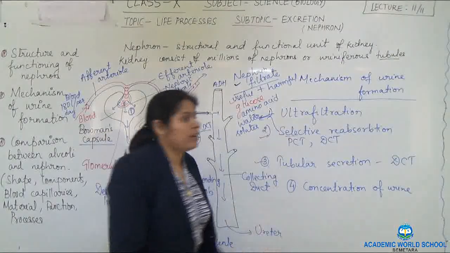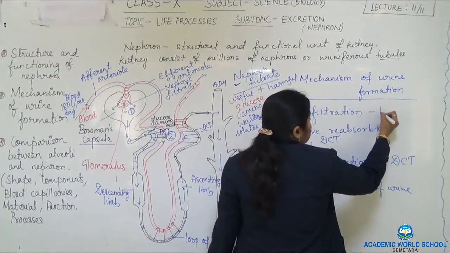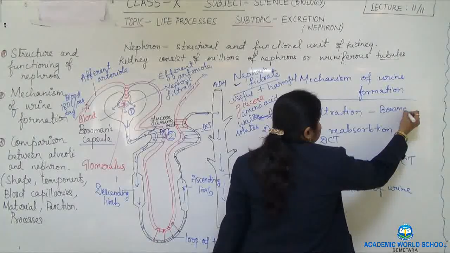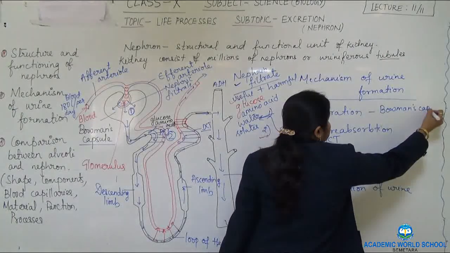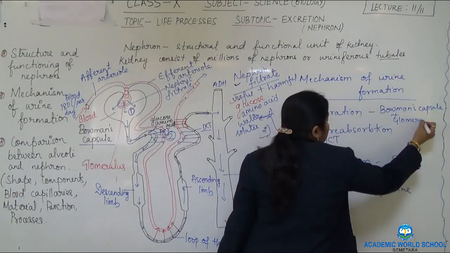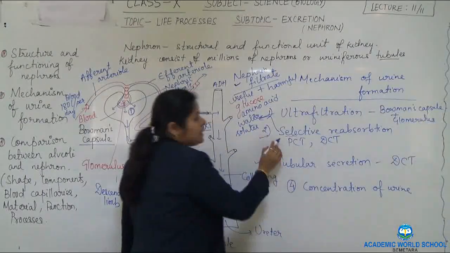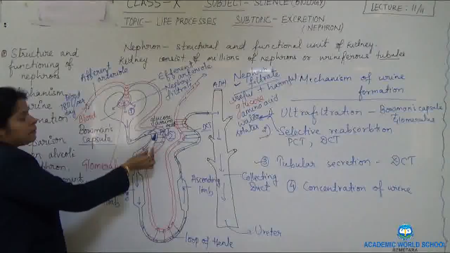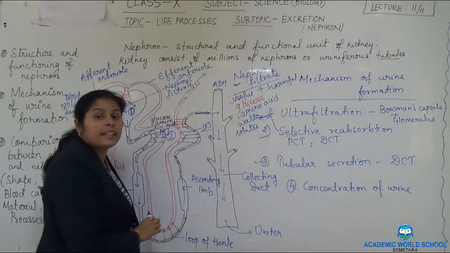Ultrafiltration is taking place where? It is taking place in the Bowman's capsule and glomerulus, mainly in the glomerulus. Second step, selective reabsorption, is taking place in PCT as well as in DCT.